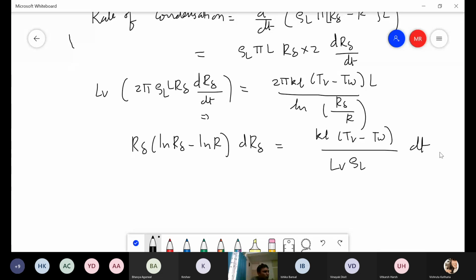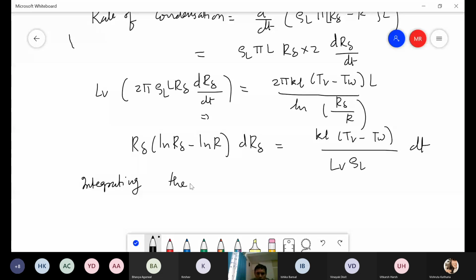Now we can integrate this equation. Integrating the above equation, remember this is going to be integrated using integration by parts.